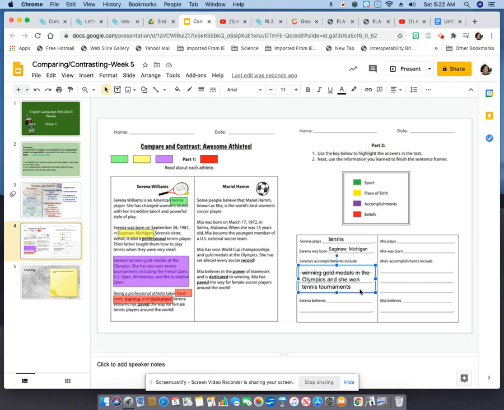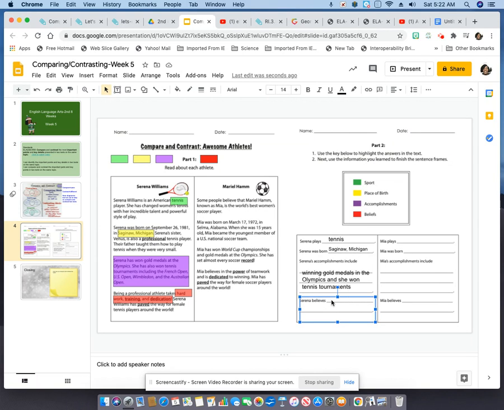Now, if we were writing a framed paragraph, which basically we are, we could put the specific tournaments that she played in there. We could say tennis tournaments such as the French Open. Okay, we could put one in there. Okay, and then what does she believe? Serena believes, we have to complete the sentence started here.